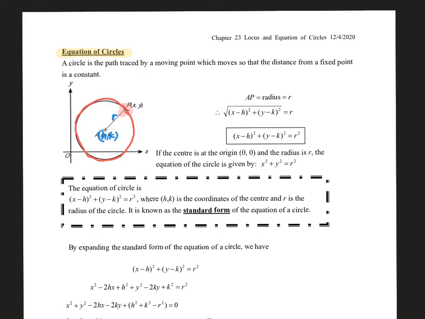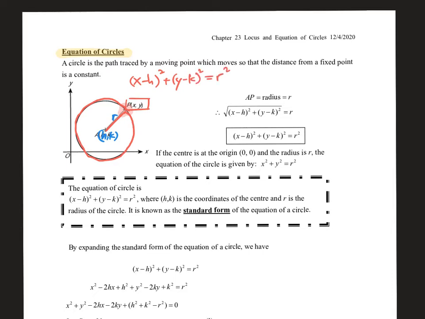In this case, if you draw the picture like this, you will be precisely seeing that, oh well, it is a circle here with a fixed distance out. So by the way we did previously, when we let the point P be (x, y), this can be written as (x minus h) squared plus (y minus k) squared equal to r squared, right?